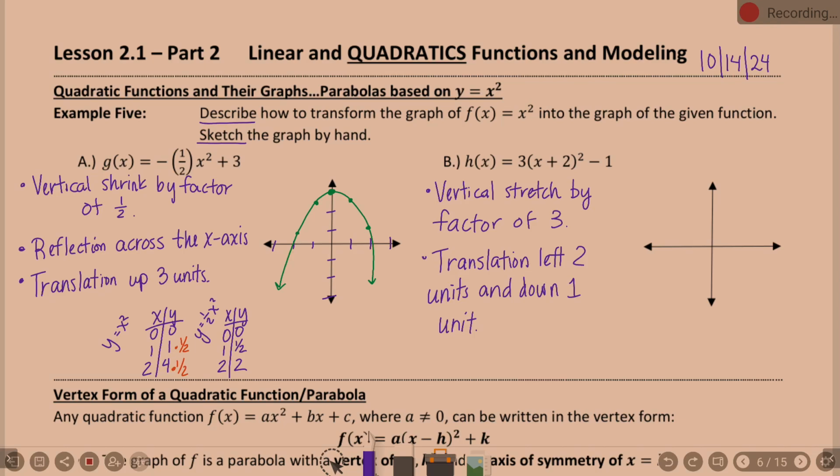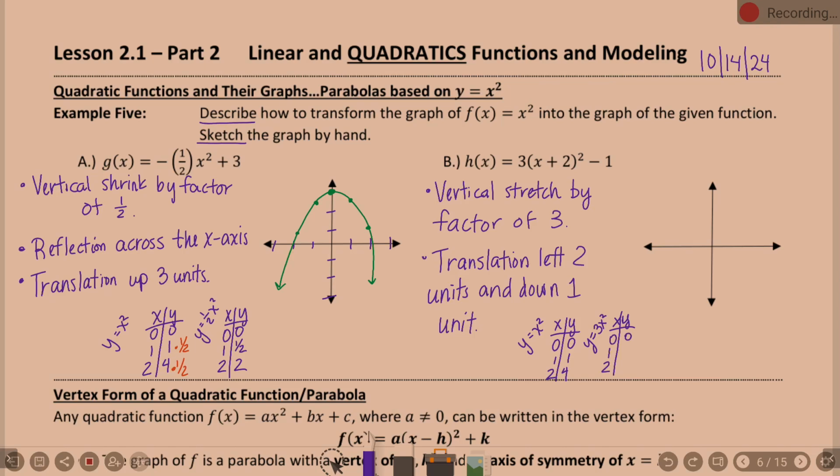As we think about this, we already talked about our y equals x squared. My basic parabola points are over 1, up 1, over 2, up 4. What about y equals 3x squared now? Now we're just going to multiply. We're going to multiply our y values by 3.